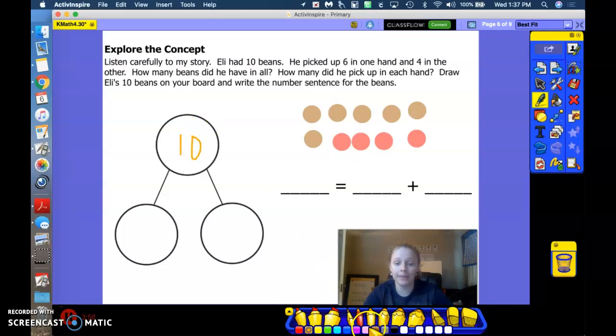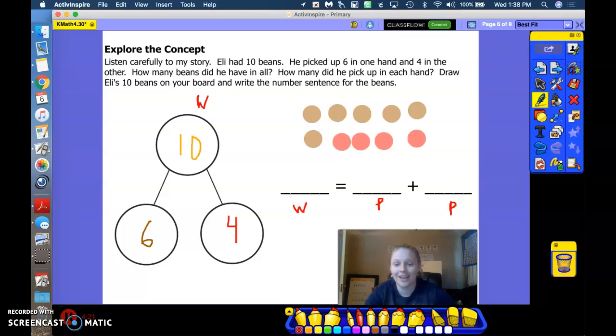How many brown beans? 6. How many red beans? 4. Can you help me with my number sentence? Remember, for this number sentence, we have to look at what comes first. And this one, the whole comes first. And then we have the parts and the parts.